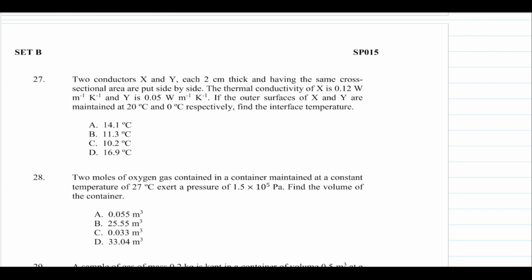Okay, and then question 27. So here we have two conductors, X and Y. Okay, so ada X kat sini dan Y di sini. Contoh ini adalah Y and ini adalah X. Okay, so given that the thermal conductivity for Kx is given, tulis kat sini lah. Kx 0.12, Ky is given 0.05.